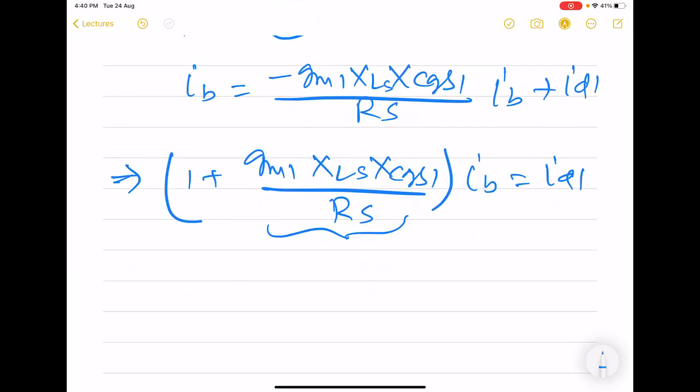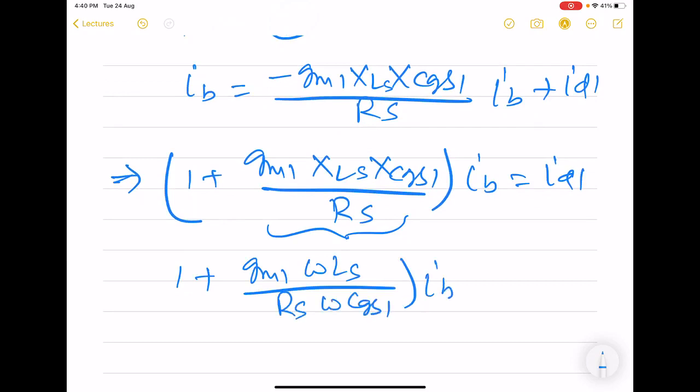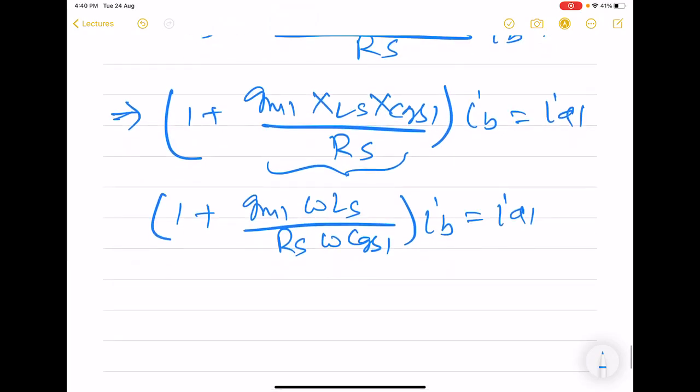And the answer is yes. So here we can write 1 plus GM1, this becomes omega LS divided by omega CGS1. Now here omega cancels out. So GM1 divided by CGS1 is actually omega T1.